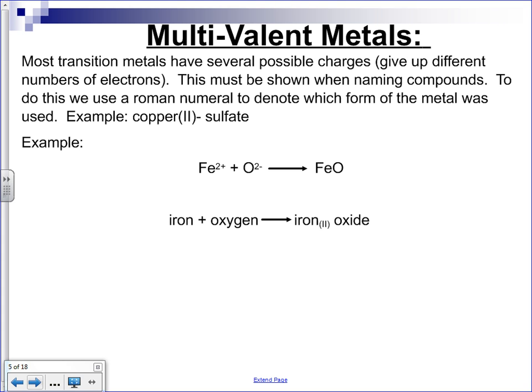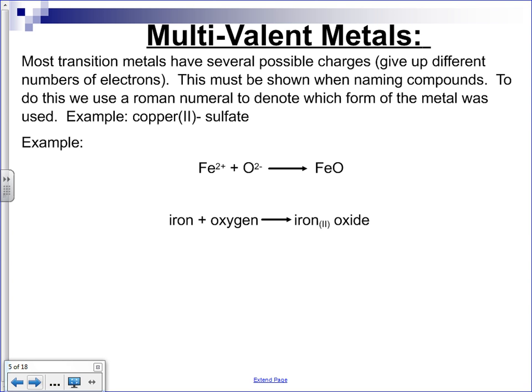So, multivalent metals: metals that have more than one possible charge. Here's our issue. I just said you never need to tell people how many of anything there is because there's only one way that these two things can go together. That's still true. However, there are some metals that for some reason sometimes give up 2 electrons and sometimes give up 3. It all depends on which one you got.